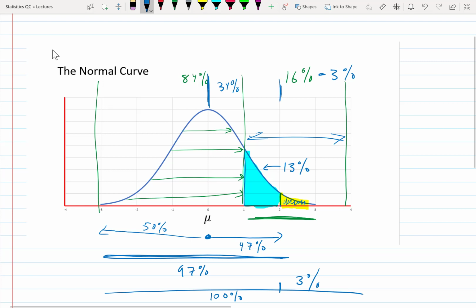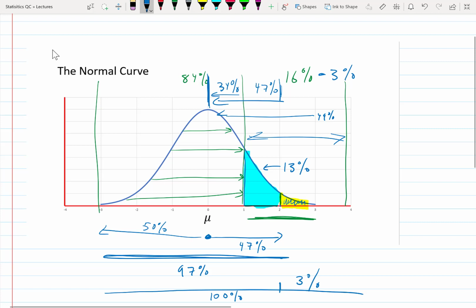This is going to be 47% in total, 34% to the mean, and that this area here is going to be, oops, that's to the 3, sorry. That's going to be 49, nearly 50%. Okay.